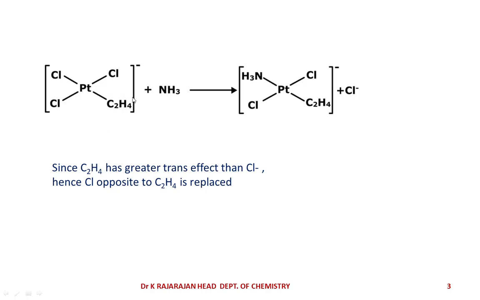Here the group which is trans to this ethylene, that is chlorine, has a lesser trans effect than the alkene. So when this C2H4 has a greater trans effect than chlorine, this will be replaced by the ammonia, so that we will get the trans product.